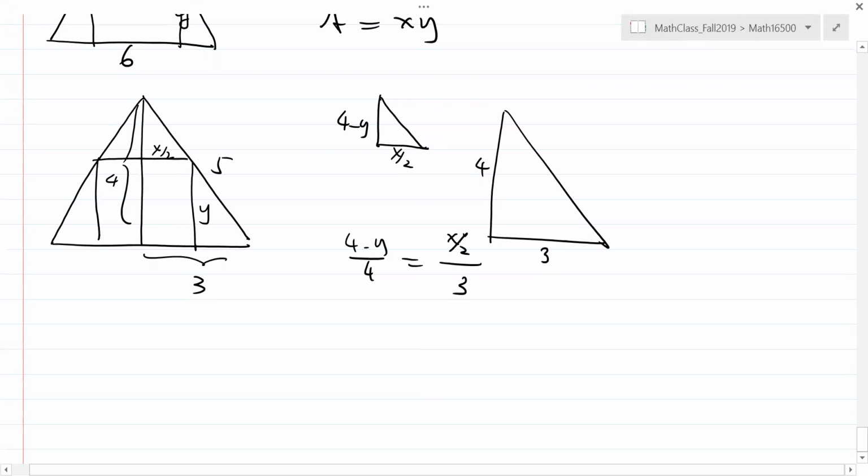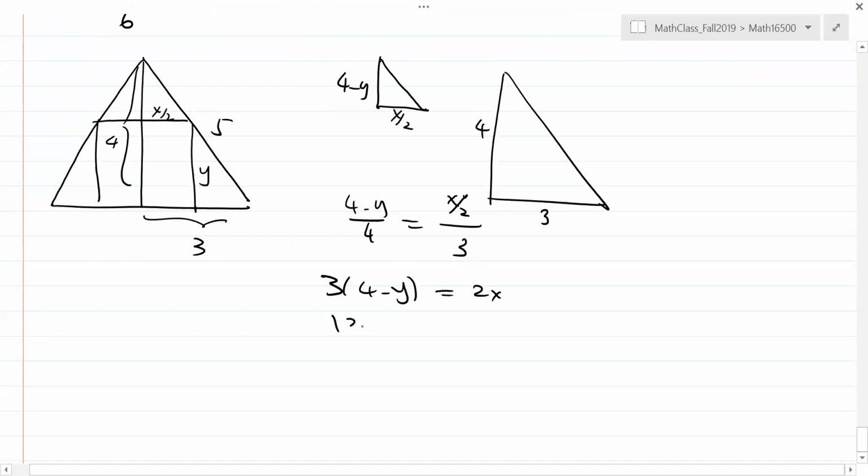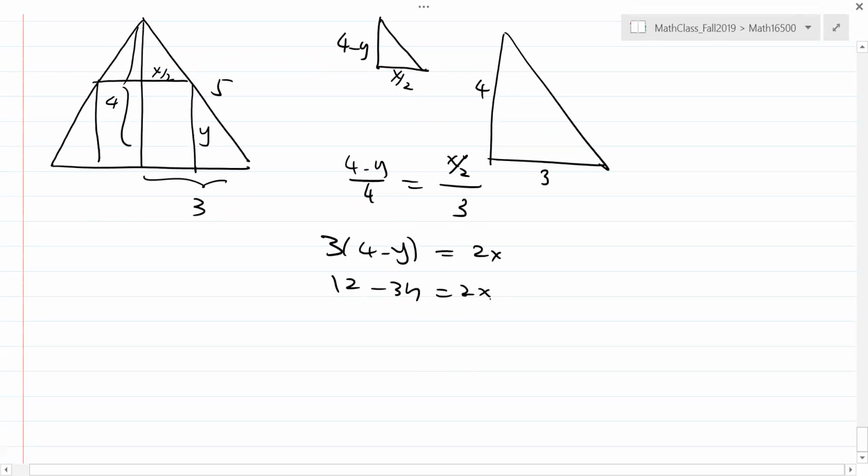Then we're done. So we get 3 times (4 minus y) equals 2x. 12 minus 3y equals 2x. And what is y? y is going to be (12 minus 2x) divided by 3, so 4 minus 2/3 x.